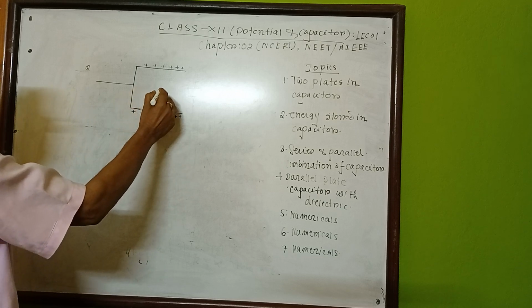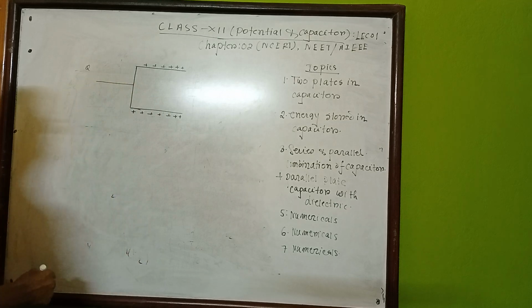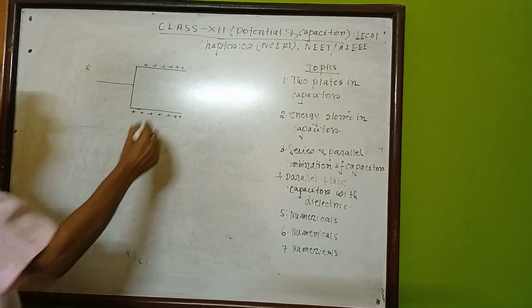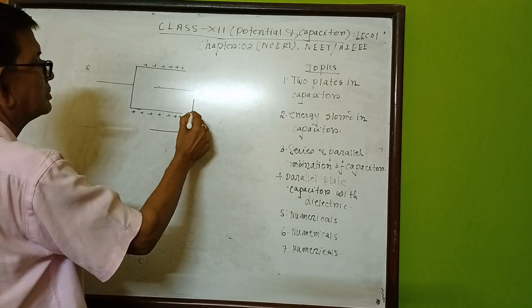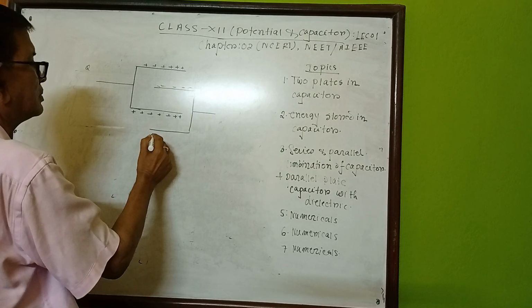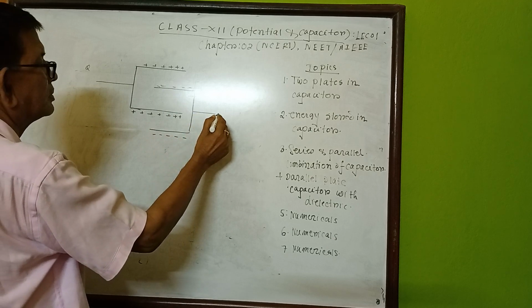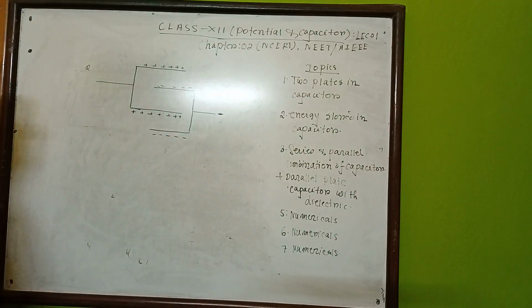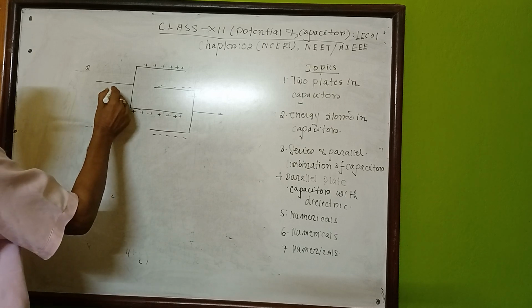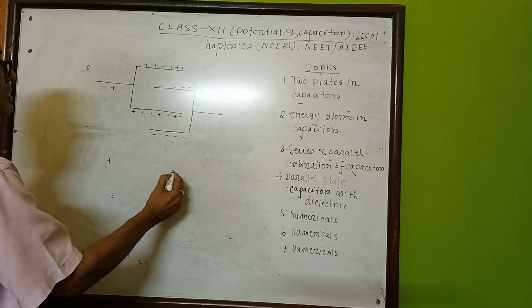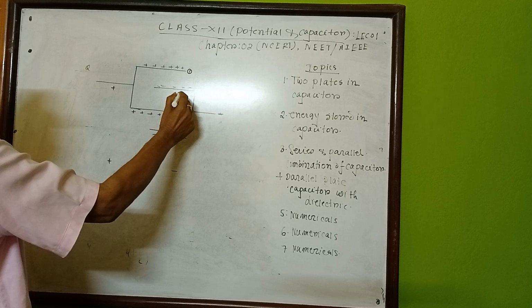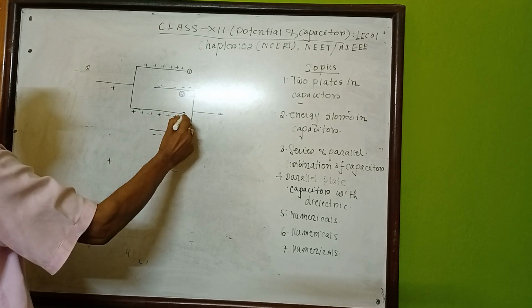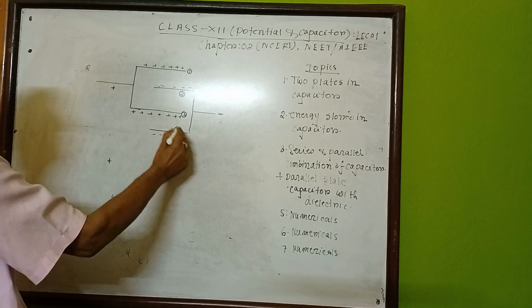Now you see there are 3 capacitors. One is positive, you write down positive, there is a negative. So plate number 1, plate number 2, plate number 3, plate number 4.